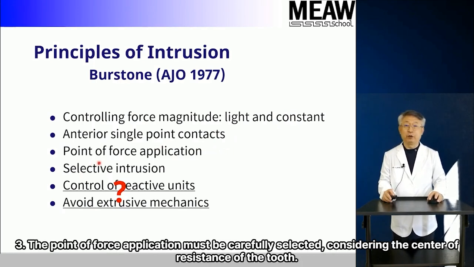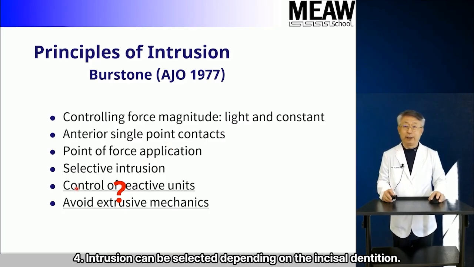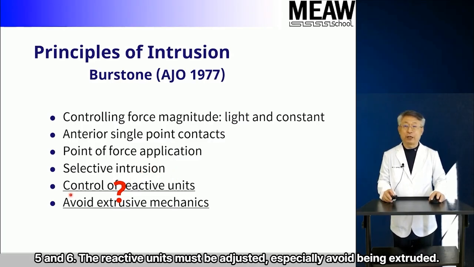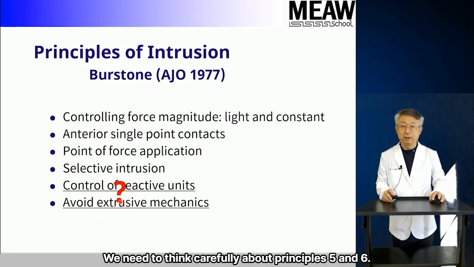The point of force application must be carefully selected, considering the center of resistance of the tooth. 4. Intrusion can be selected depending on the incisal dentition. 5 and 6. The reactive units must be adjusted, especially avoid being extruded. We need to think carefully about principles 5 and 6.